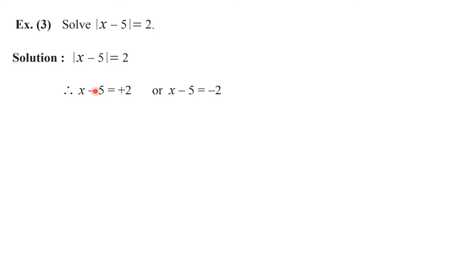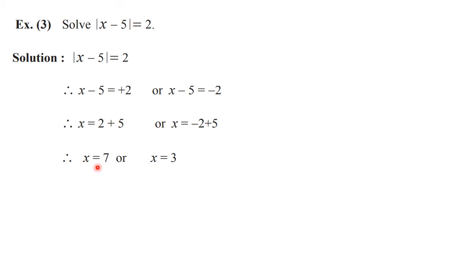Now here this minus 5, if we shift to RHS, then 2 plus 5 we will get 7. So here we will get x is equal to 2 plus 5, that is 7. And if we shift this minus 5 again to this side, it will become minus 2 plus 5, which is plus 3. Okay. So in this way we got two different values for x. Either x is 7 or x is 3.